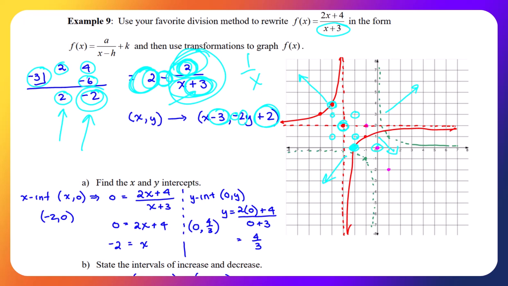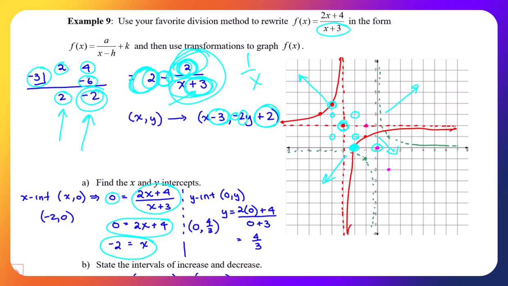So for the new red graph, I take my original function, I set it equal to 0, and that's when y is 0, and I'm looking for the x-intercepts. Cross multiply, solve for x.